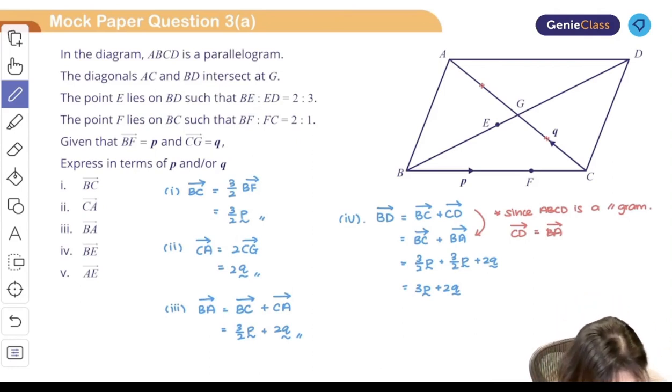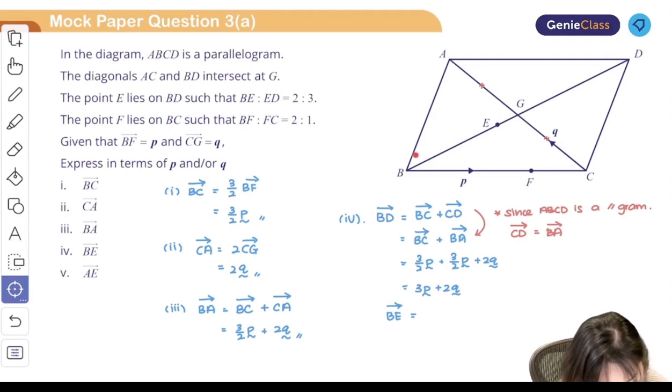Then last part, part 5. Please let me know if I'm going too fast. If anyone has any questions, please feel free to send them in. Part 5, vector AE. Oh, wait, no, I'm not done with part 4. Sorry, I want to find BE. So BE is equal to how much of BD?